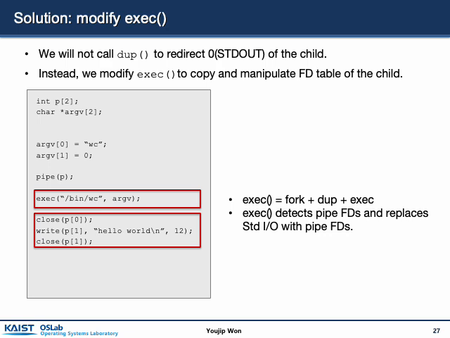Instead, we modify exec to copy and manipulate the file descriptor table of the child. So you have to modify exec to work as a combination of fork, dup, and exec. And instead of the dup function, the exec function should detect pipe file descriptors and replace standard IO with pipe file descriptors.